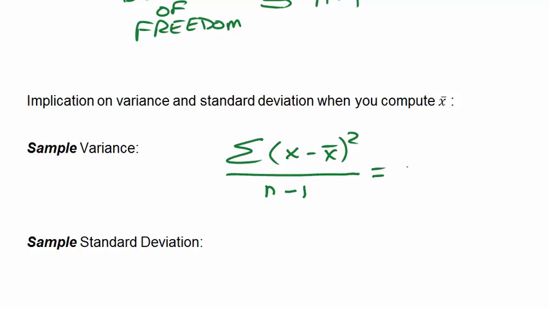And that's going to give me, using the Latin letter for variance, s squared. And the sample standard deviation is, again, the same thing without the square, and it is just the square root of variance. So the big difference in this case is, notice whenever I'm computing a sample variance, I'm going to divide by n minus 1 instead of n.